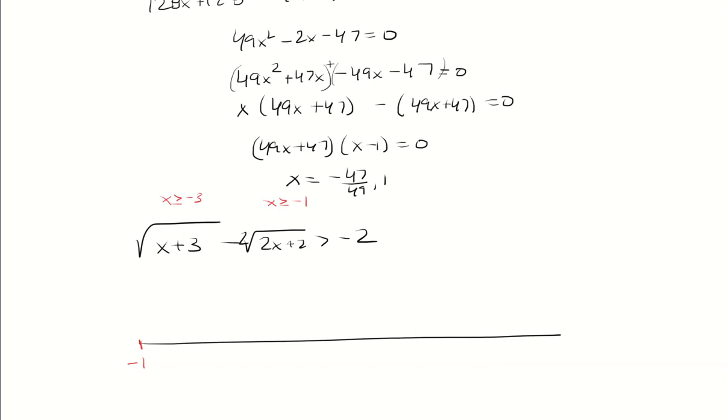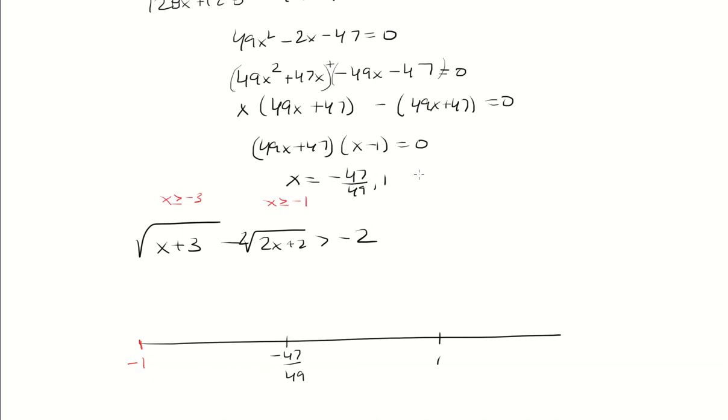Okay. And then we're going to plot x equals negative 47 over 49 and 1. One thing to keep in mind is whenever you square things, you get an extra solution. So the truth is one of these is the real solution. One of these, if we plug in, equals negative 2. The other one does not. So the way I'm going to treat this is to say, okay, both of these need to be tested.